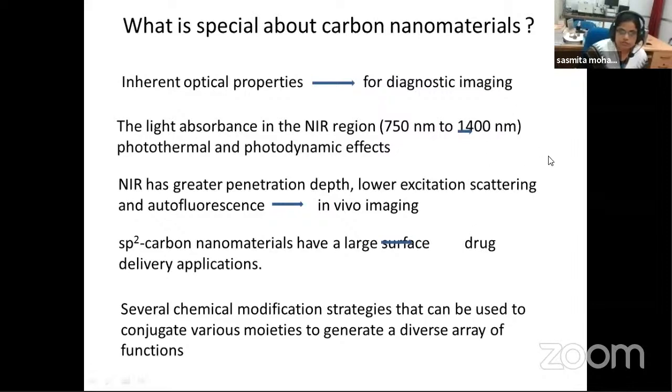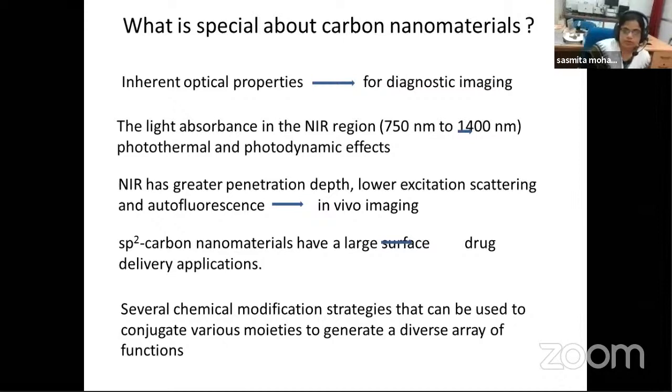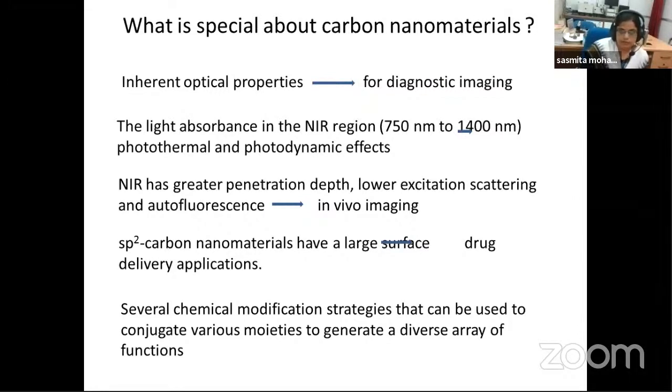Autofluorescence is a process which disturbs the monitoring of biological processes. Mostly water as well as biological tissues absorb in the visible or UV region, and the traditional dyes you use in observing biological processes also absorb in the UV visible region. So that disturbs the monitoring of biological processes.